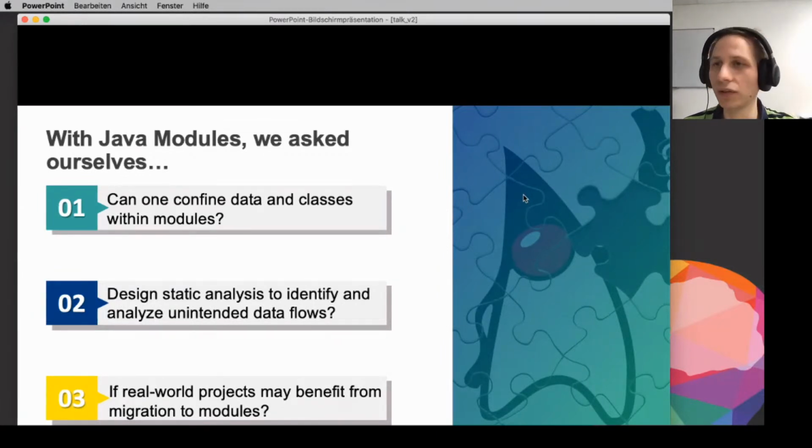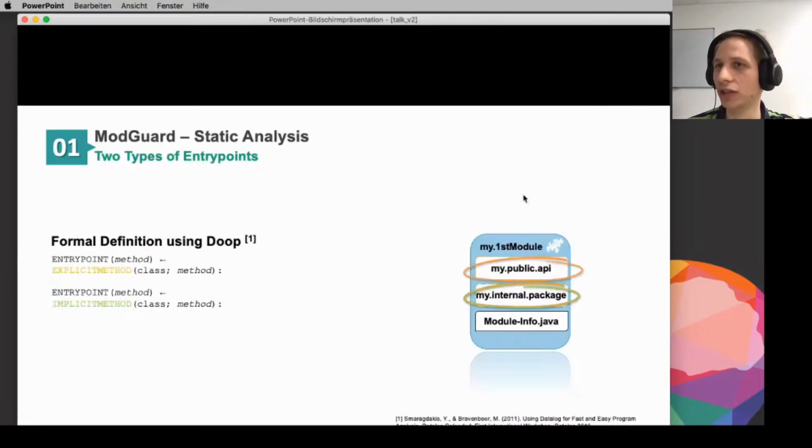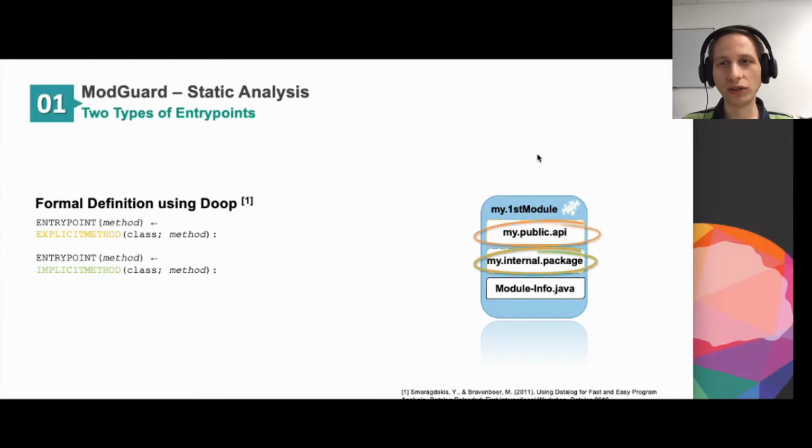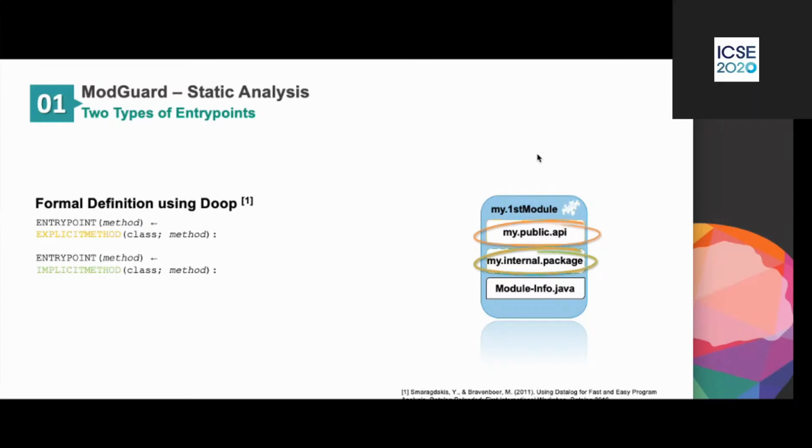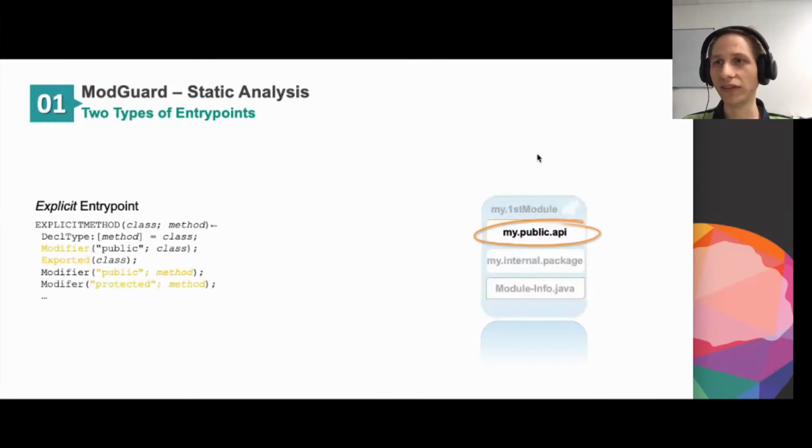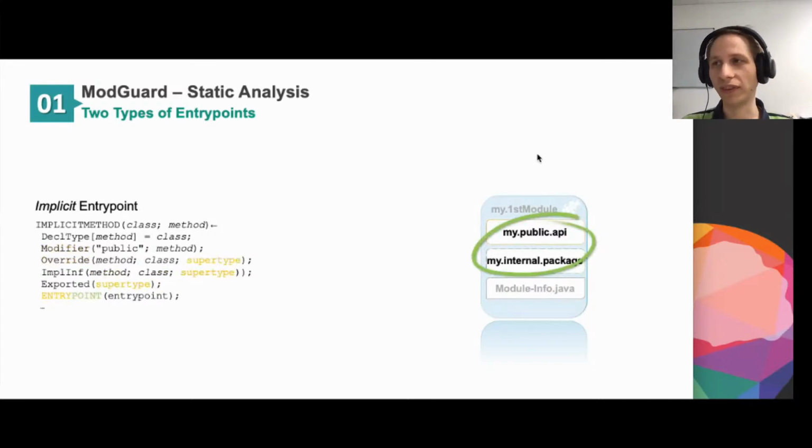And to get an answer to the first questions, we formally defined what constitutes an entry point of a module using the Datalog engine Soufflé, and we identified two kinds of entry points constituting a module. First, explicit entry points, which are the public and exported classes in exported packages, and implicit entry points. These are the not so obvious ones.